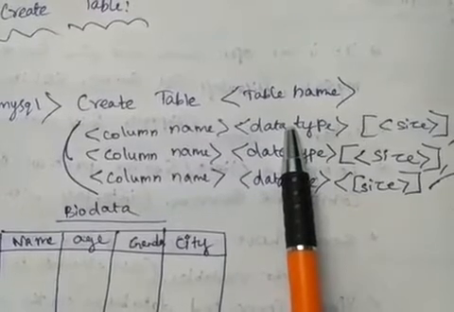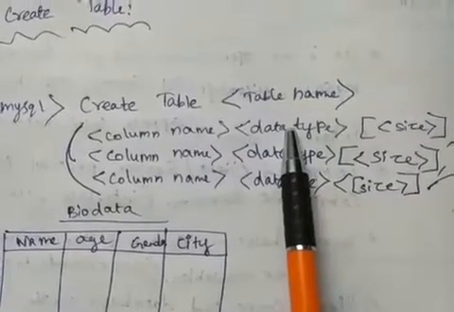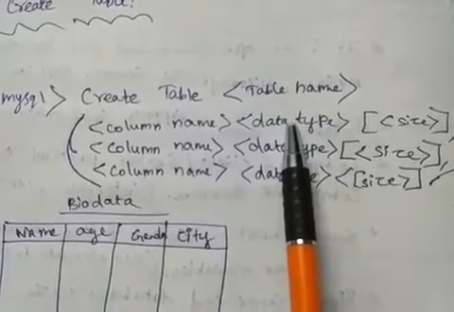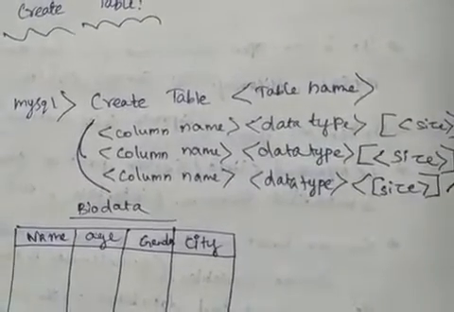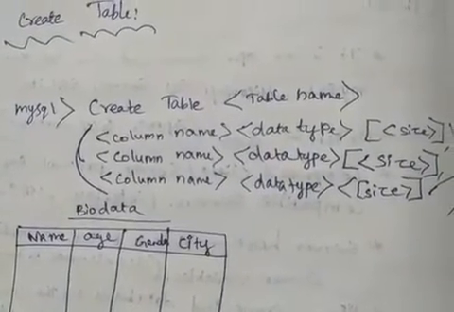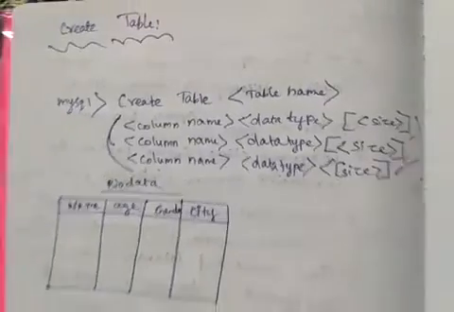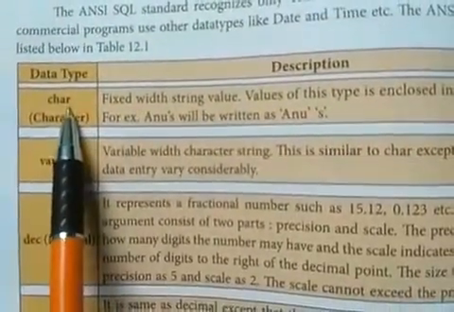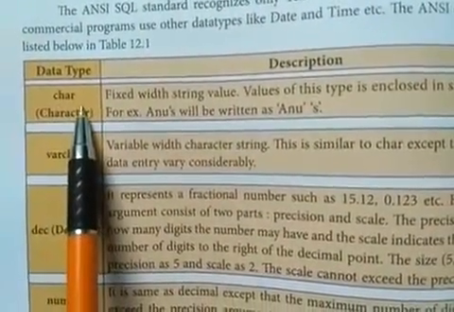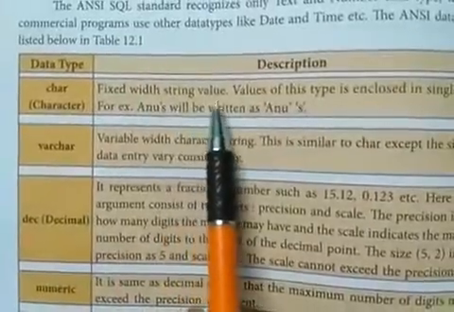Integer, character. Here we are not specifying string, we are specifying character. First, what are the data types you are going to see? That is not in your book, but you have just seen it here. So these are the data types. The first one is char. Char is a data type with a fixed-width string value.